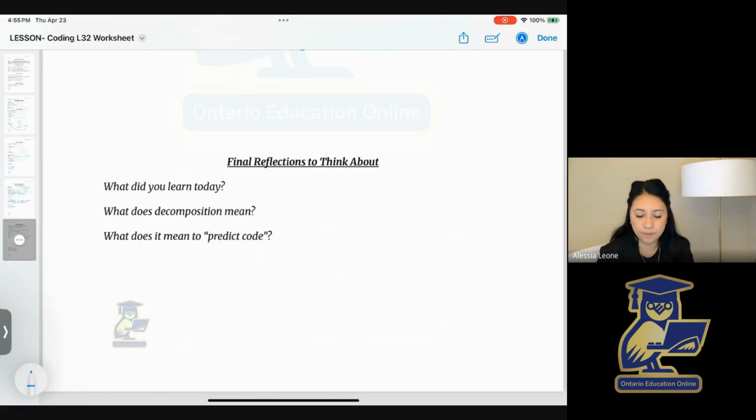What does decomposition mean? Decomposition means breaking down a bigger problem into smaller steps. And what does it mean to predict code? So it means figuring out a piece of the code and then predicting what the output would be. So predicting code would be finding some information and predicting what the computer will say.